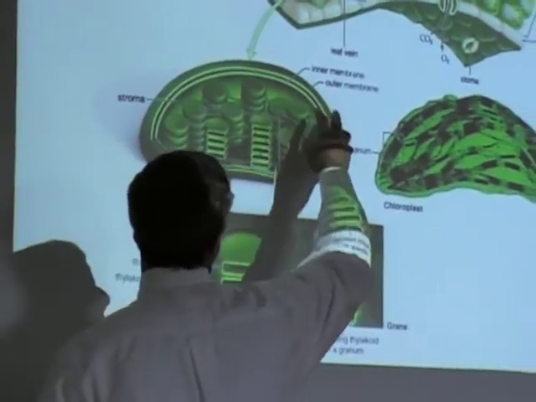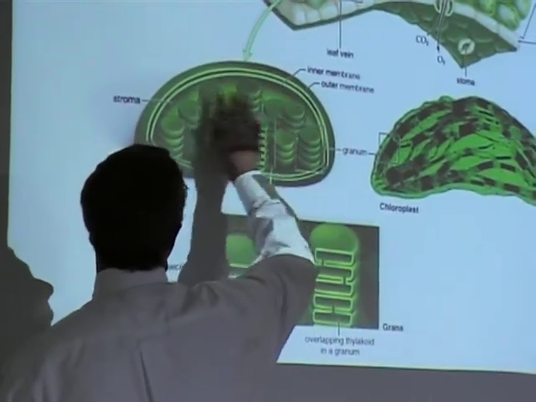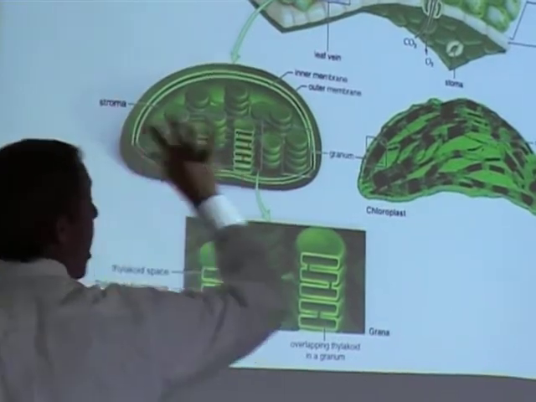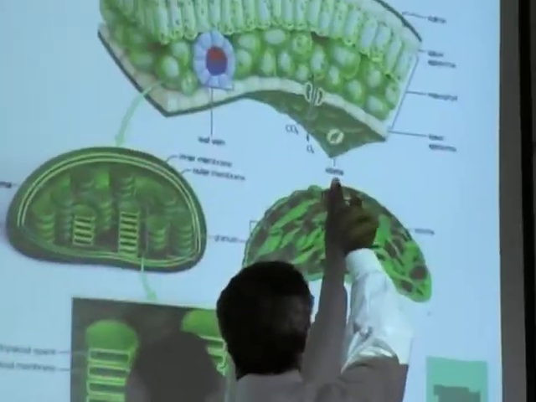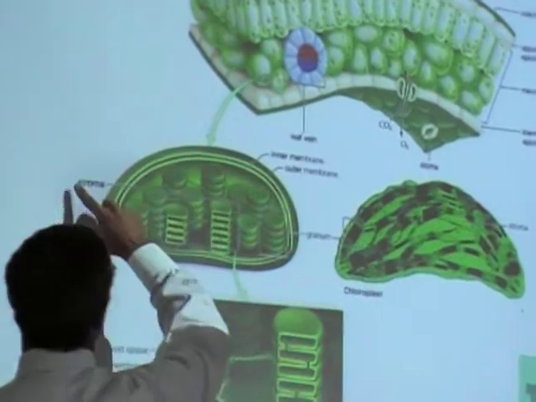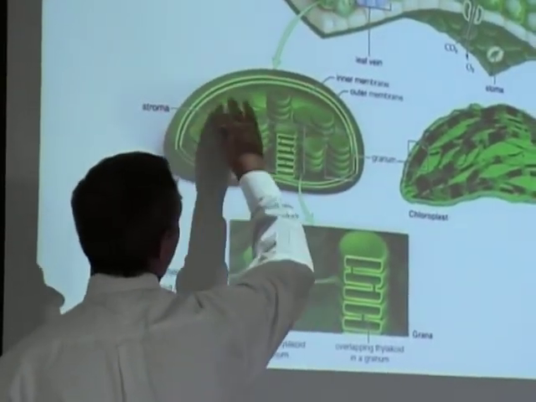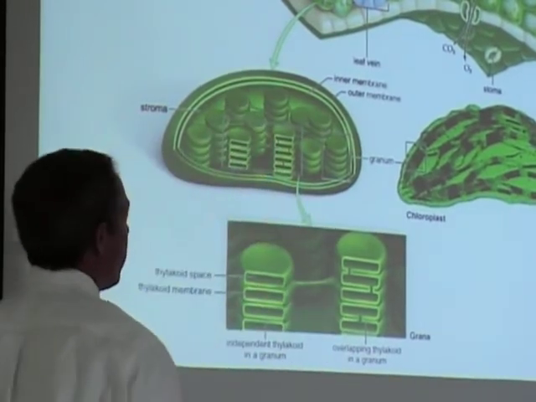Anyway, it's a double membrane, and then inside the double membrane is a space called the stroma, not to be confused with stoma, which some students will do. The stroma is the space inside the chloroplast that's filled with a sugary fluid.